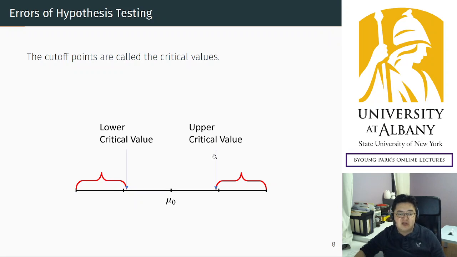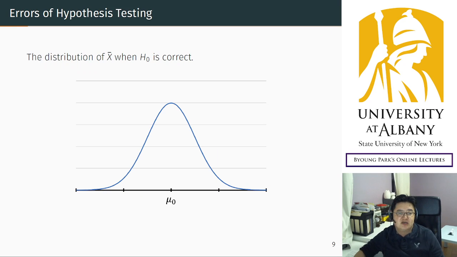Given the critical values, now you look at the data, where the sample average is. The sample average will be distributed like this if the null hypothesis is correct. I assume that the truth is that the null hypothesis is correct.